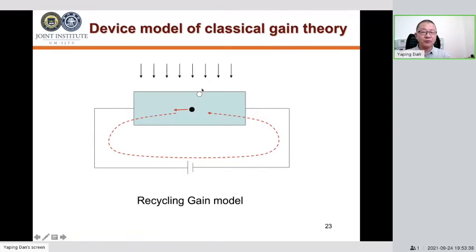The surface trapping process is normally very slow. When carriers are trapped and then start to detrap, this time can be very long, seconds or sometimes hours. That's why you have a very high gain.